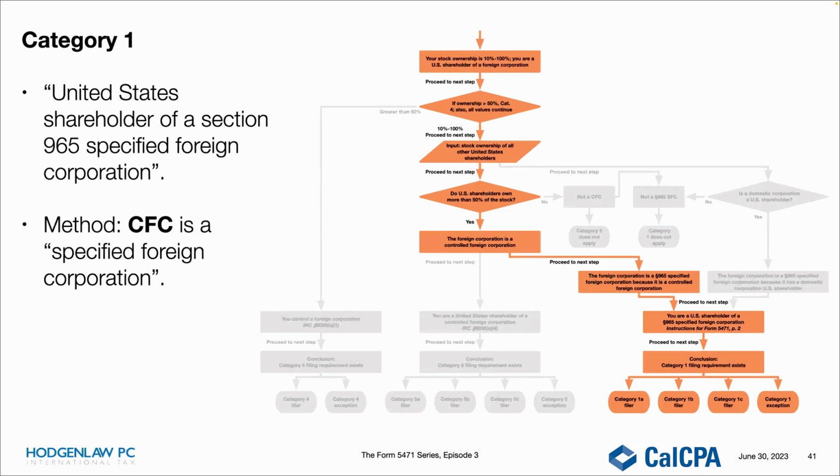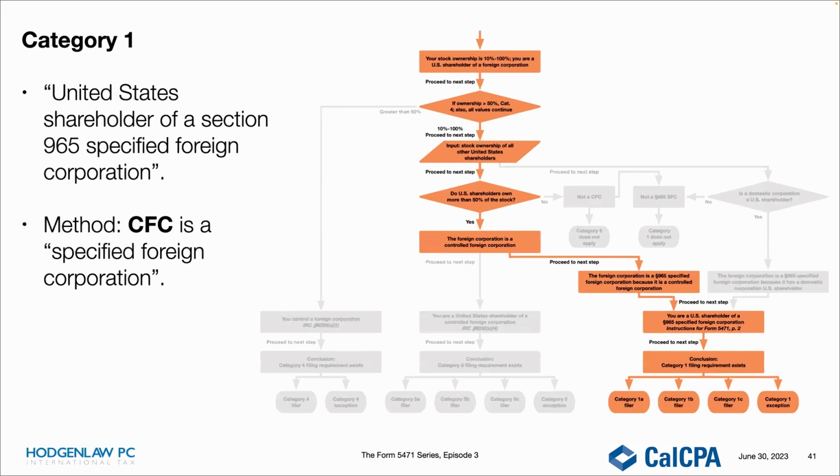The first diamond question, we don't care anymore because category 4 has been solved. Next, we go down and we get all the data on all the other United States shareholders. And we drop down again and we say, all right, do these US shareholders own more than 50% of the stock? We conclude yes. And so we conclude the foreign corporation is a controlled foreign corporation.